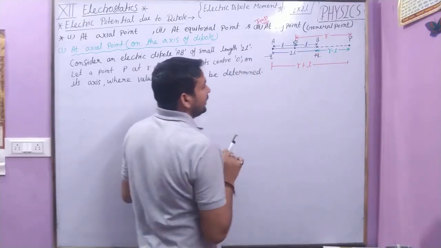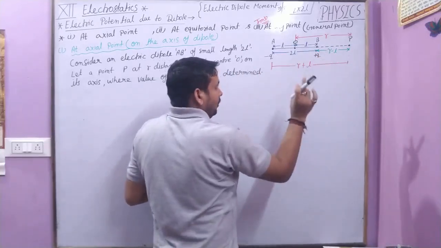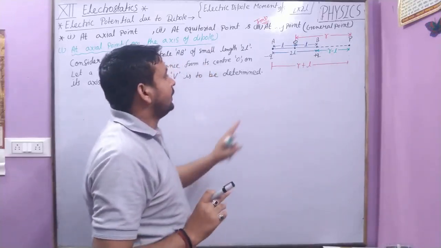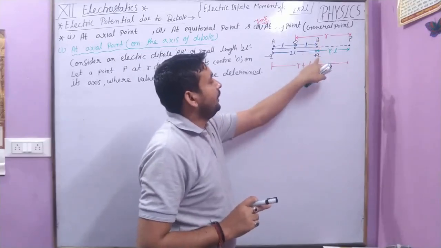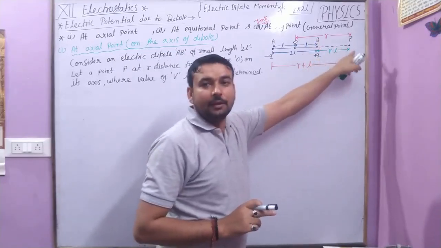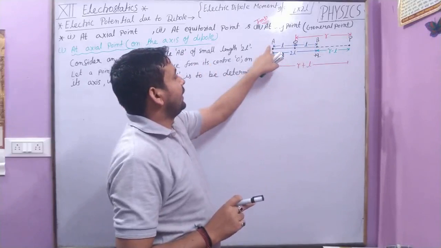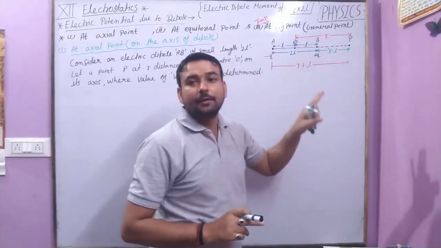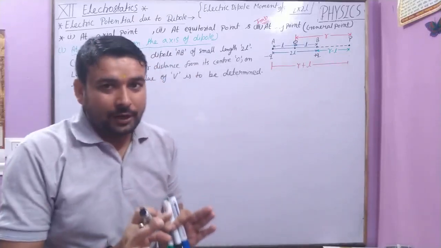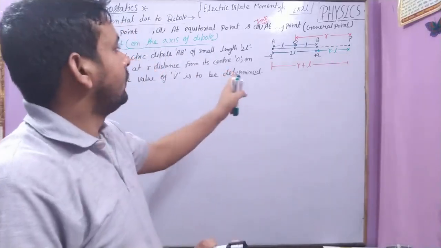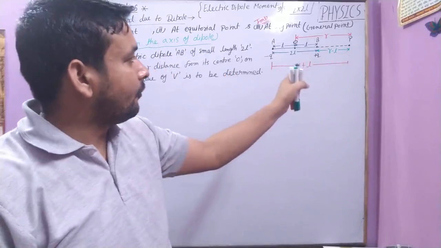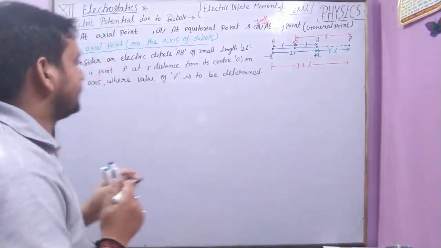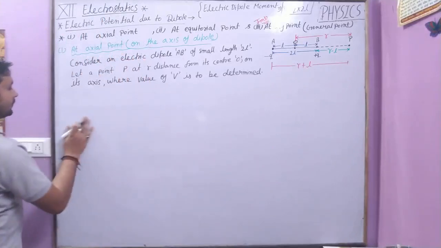So we first calculate the electric potential at P for a point charge at B, and for a negative point charge at A. So we calculate these two electric potentials, one due to the minus Q charge and one due to the plus Q charge, and we add the two situations.